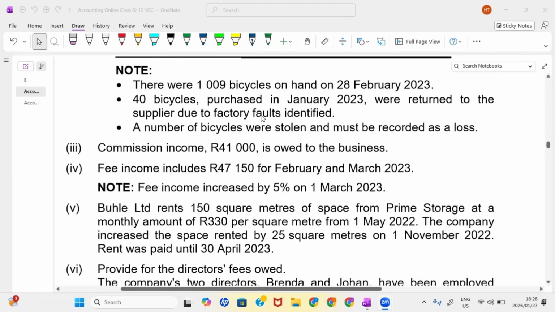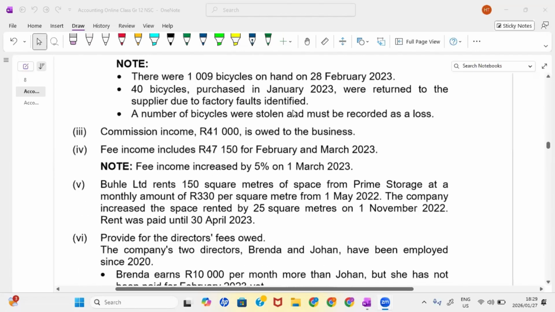Are we dealing with accrued income, accrued expense, prepaid expense, or deferred income? That's what we want to see now. Remember, I said you must be able to identify by reading an adjustment whether this is an accrued expense or whatever. So I'm also going to show you how to actually classify that. I need your attention, starting with number 3.